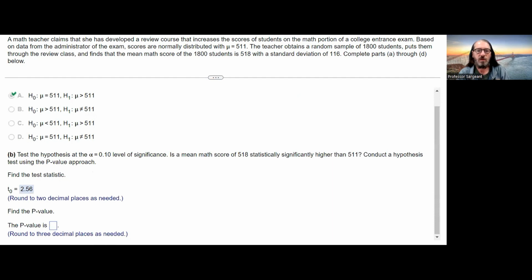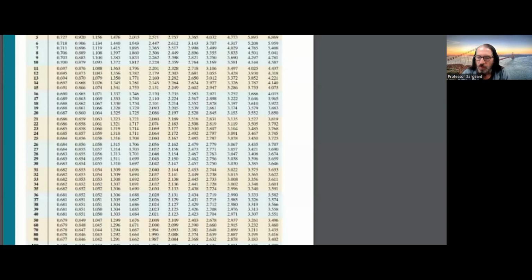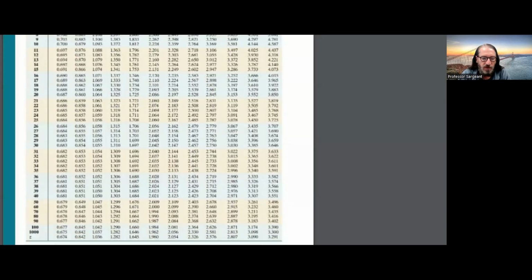Now you can't see it, but on the question ID here, there's a dash T. That means that the online homework system is expecting that we use technology. And there's a good reason for that. Since the sample size was 1,800, that would mean 1,799 degrees of freedom, and that's not on the table.